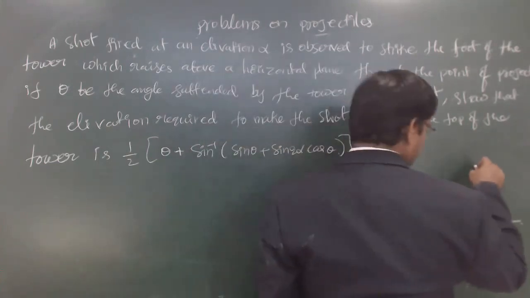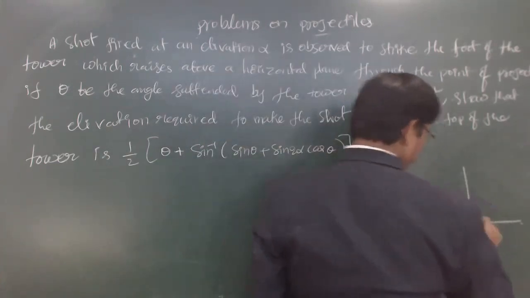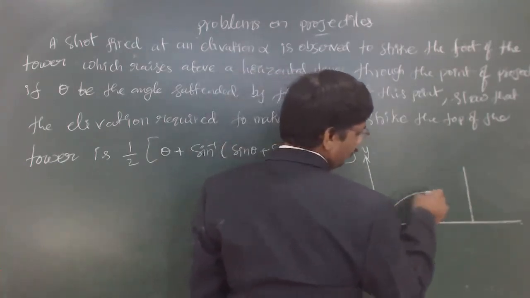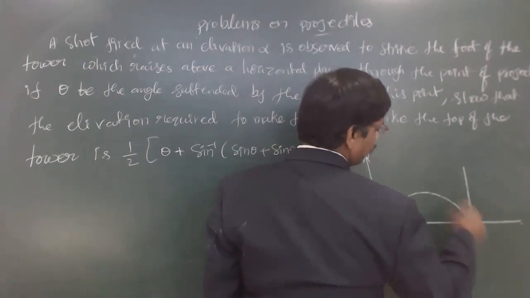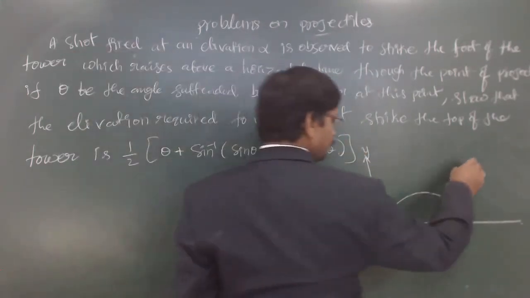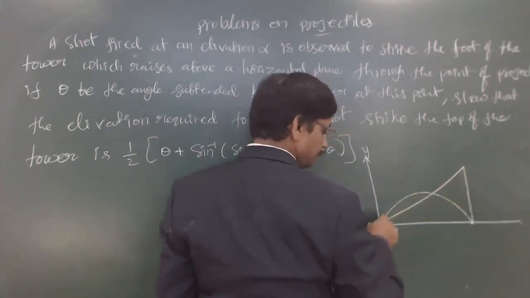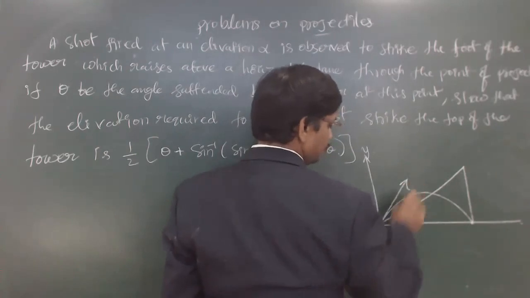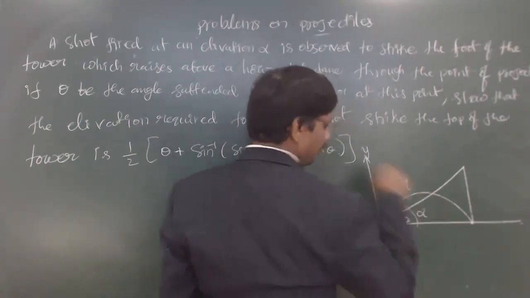There is a tower at this location. He threw the projectile like this, and it touches the foot of the tower, and the tower is at an elevation of theta. So this angle is theta, and the initial projected angle is alpha.